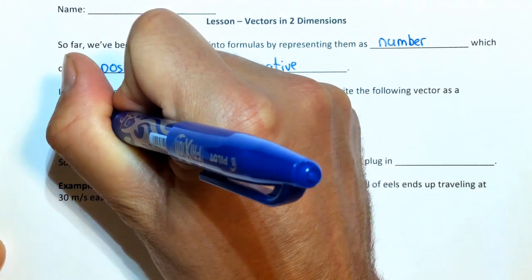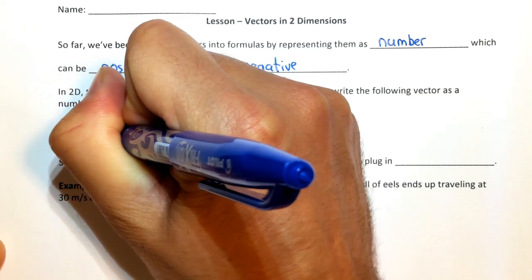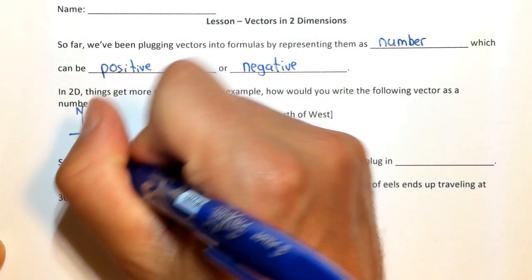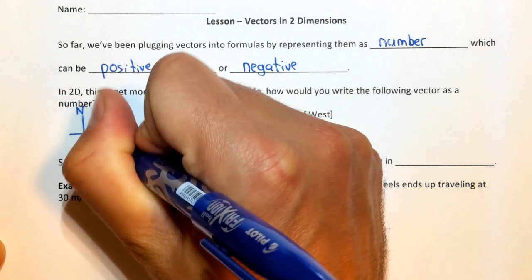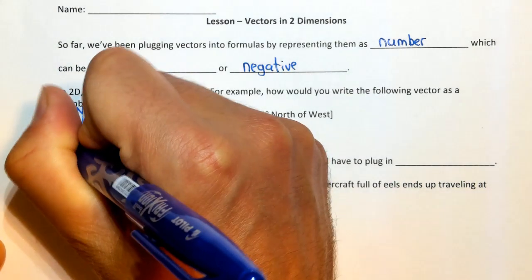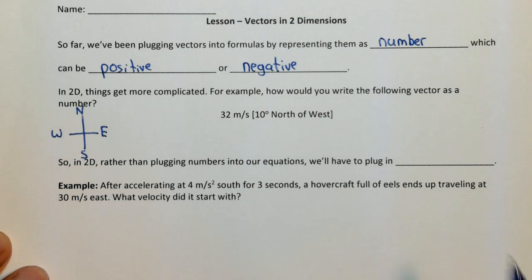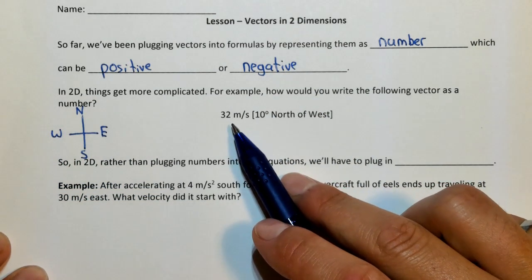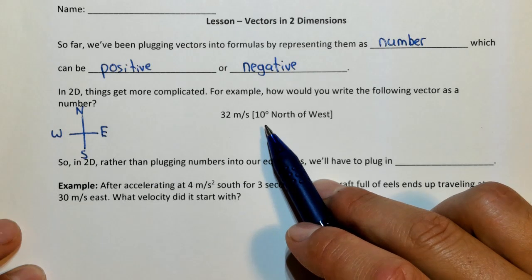As a reminder, with our compass directions, when we're writing them on a page, we generally write north towards the top of the page, south towards the bottom, and east and west are right and left. Writing this down as just a simple number that's positive or negative is really hard to do. We can't.